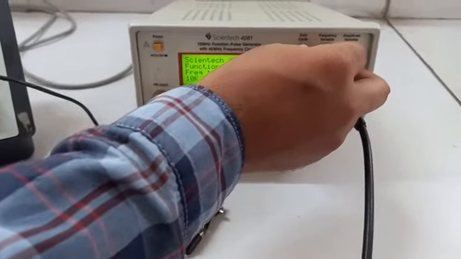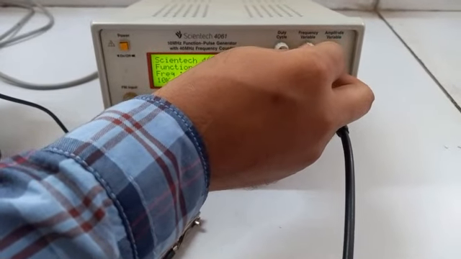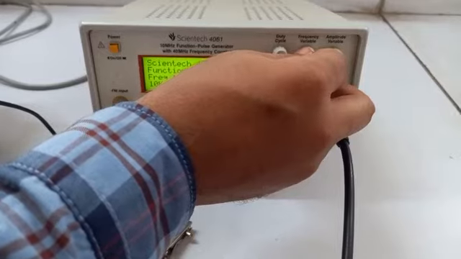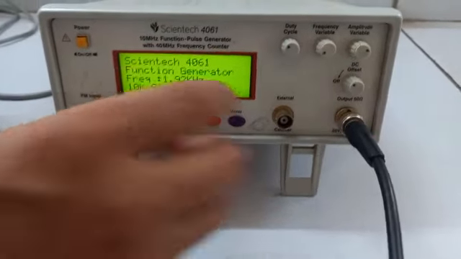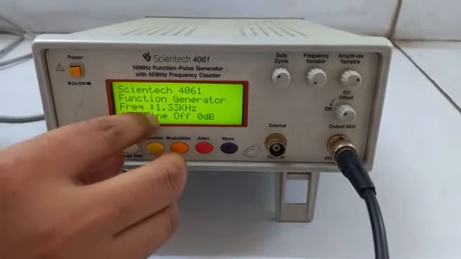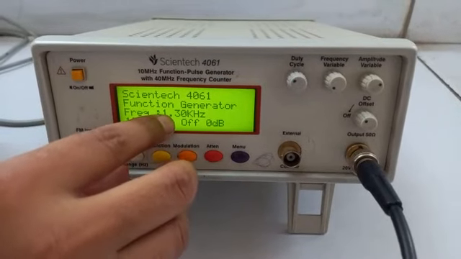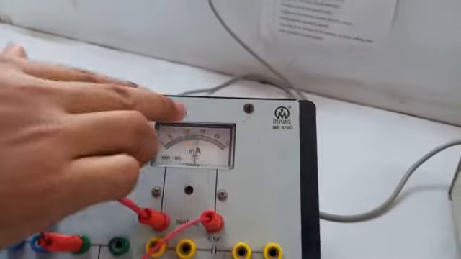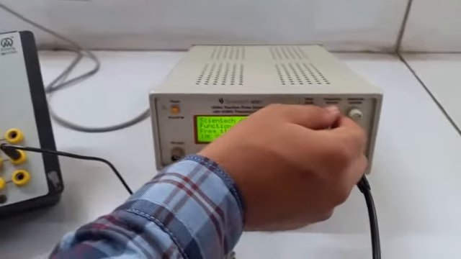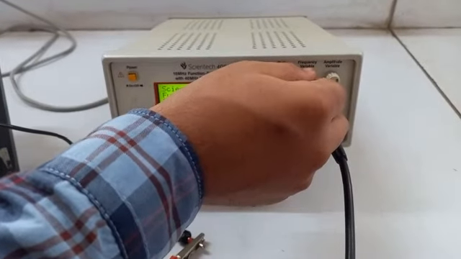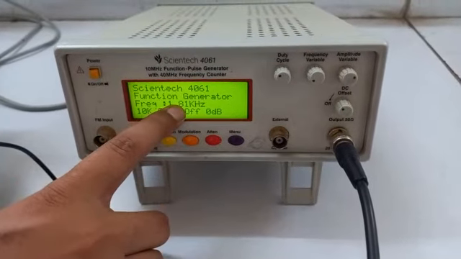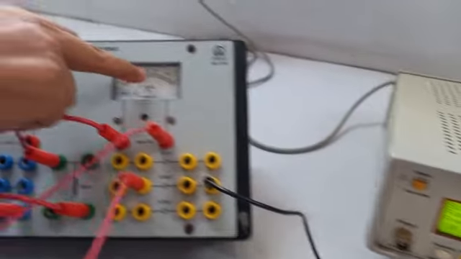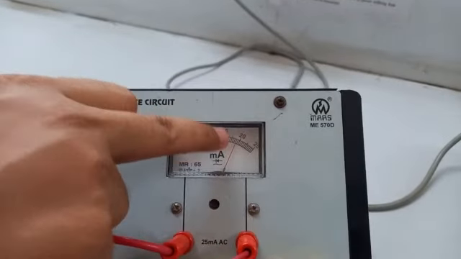If I increase the frequency to 1.30 kilohertz, you will see the current also increases. Again I increase the frequency, and the current increases. See, at 1.82 kilohertz the current is also near 20 milliampere.